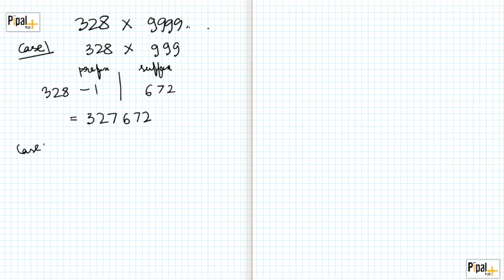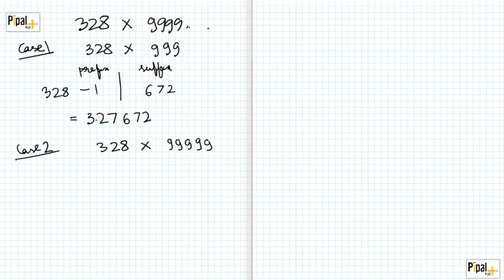Now in the second case, what is possible is that the number 328 is being multiplied with another number which has a greater number of nines. The number of digits of this number, which is made up of only nines, is greater than the number which is multiplying with it.